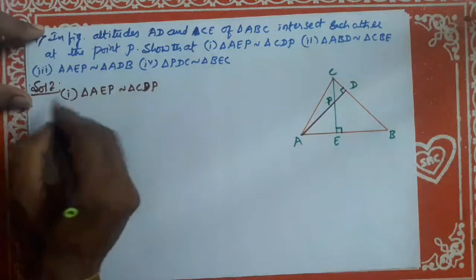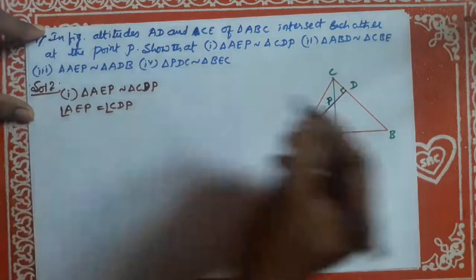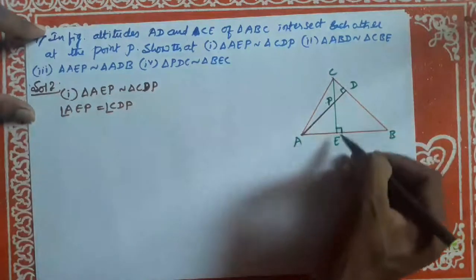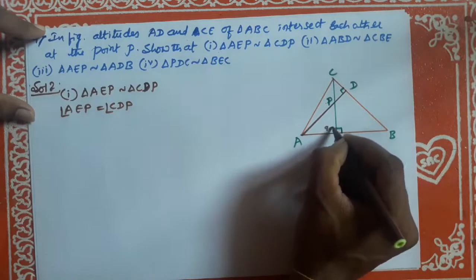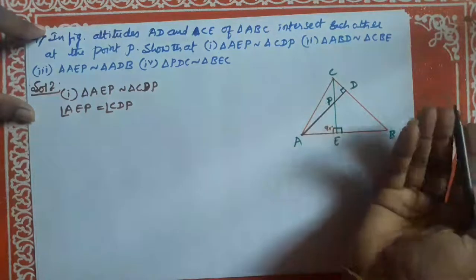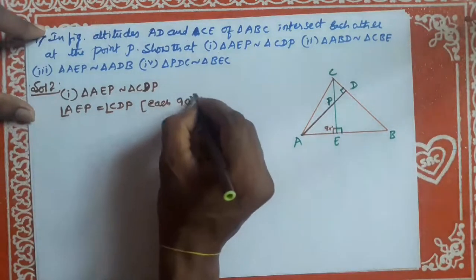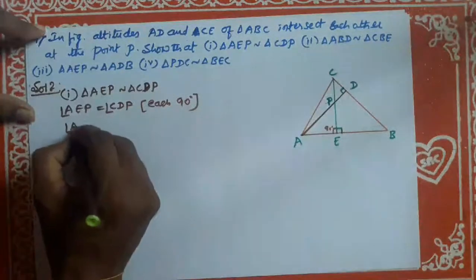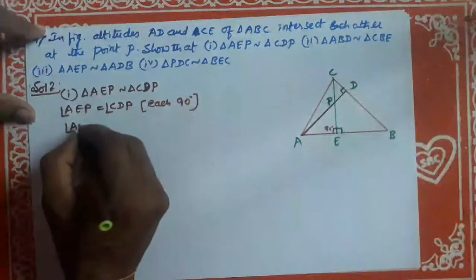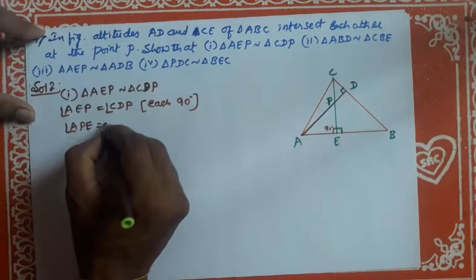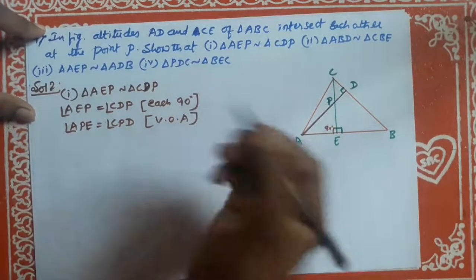Solution. First one: angle AEP is equal to angle CDP, each 90 degrees. Angle APE is equal to angle CPD, vertically opposite angles are equal.